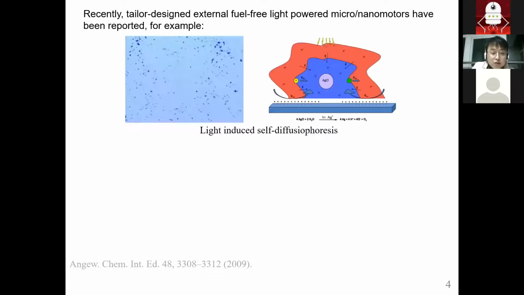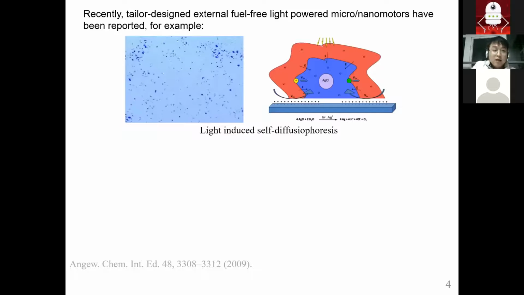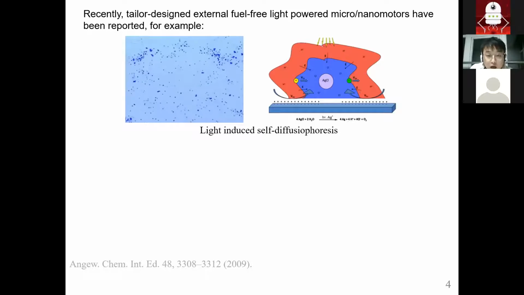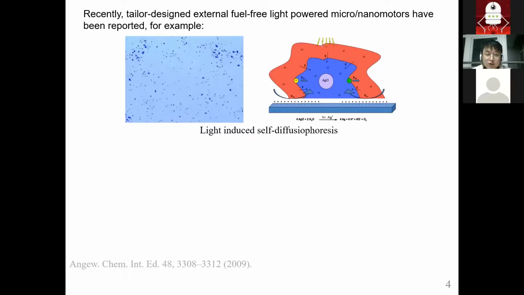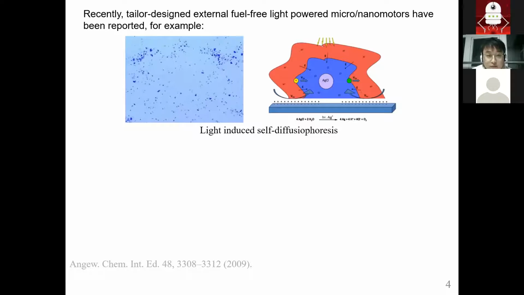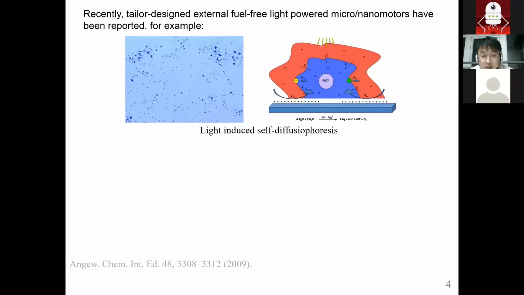For instance, light-induced self-diffusiophoresis: different ionic species originating from the photocatalytic reaction have different diffusivities, with protons exhibiting the largest diffusion rate, so a local electrical field is established.